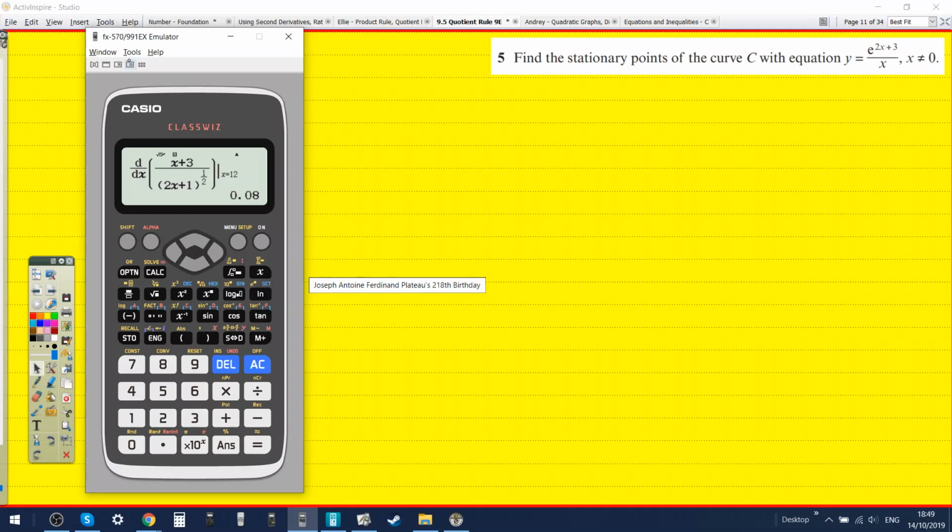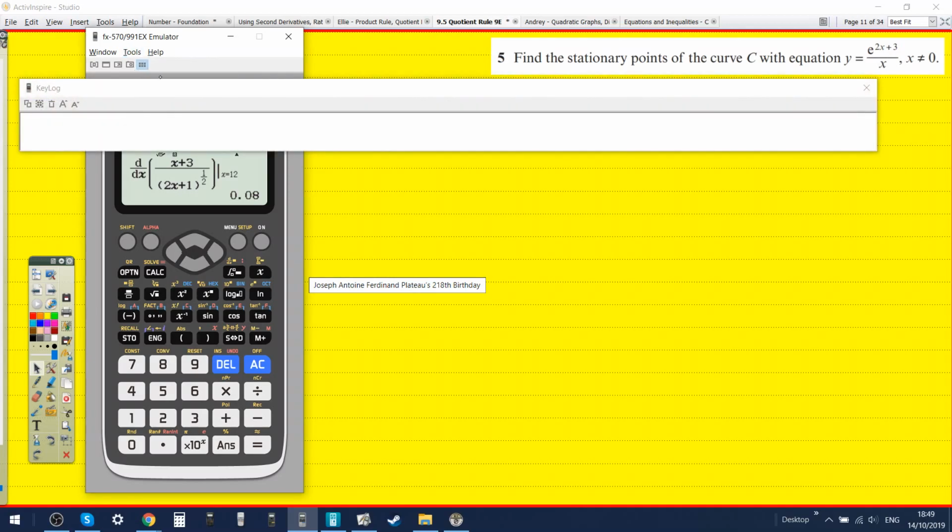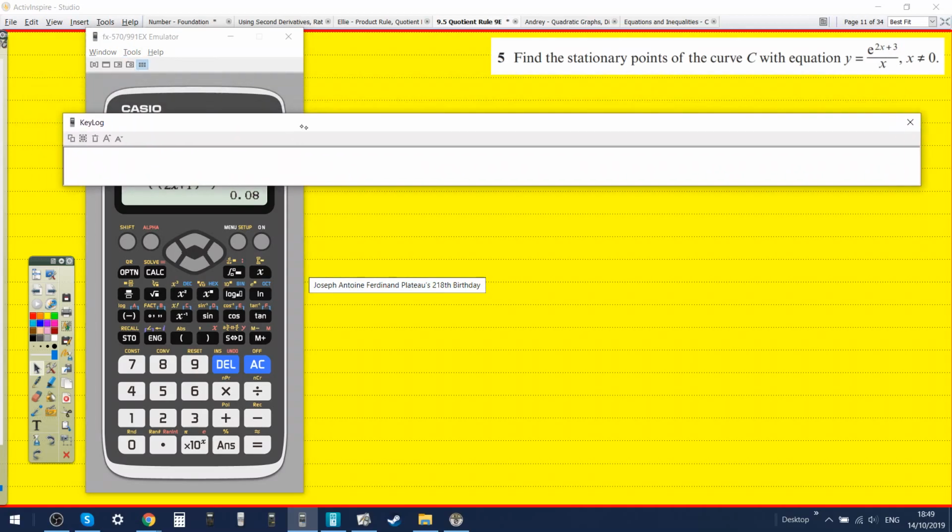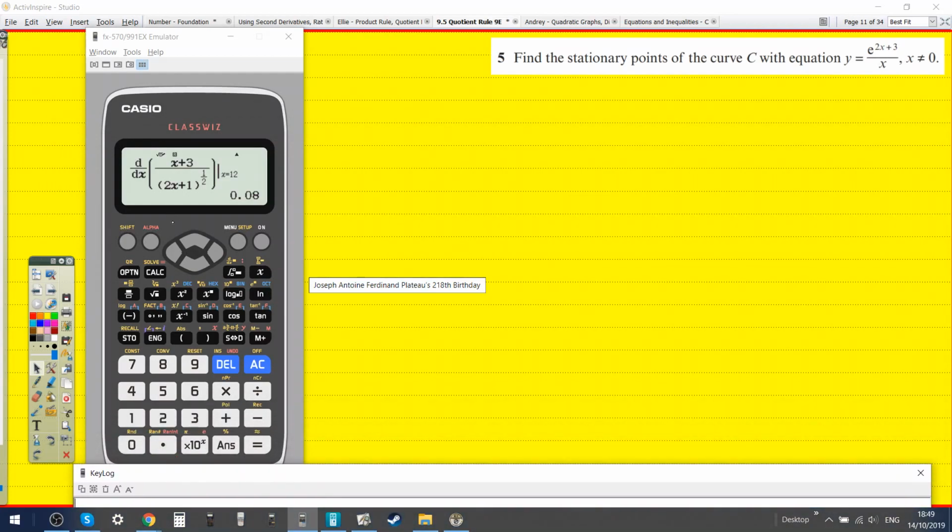Yes, exactly. It would give you one x value, and you might have to choose a different initial value to get a second one. Yeah, you could just graph it.